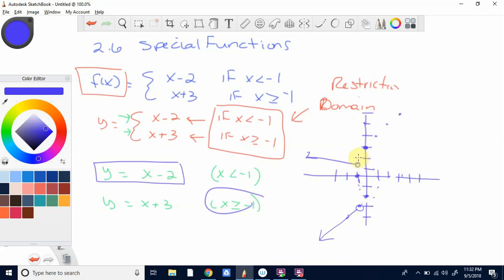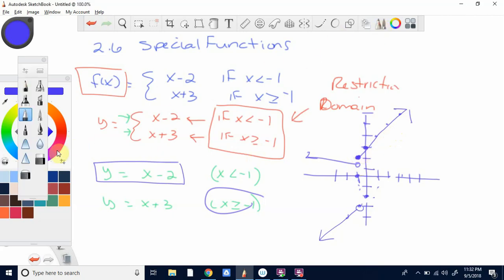So it's going to be right here, and it's going to be inclusive, so I'm going to make a filled-in dot. And there is my graph. Let's erase what's not the graph so we're not confused. That is how you would graph that.